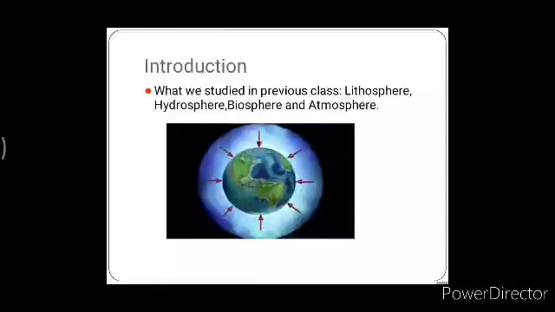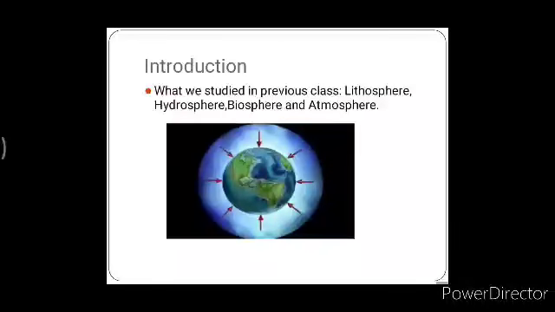Then we studied about the changing earth, where we discussed about endogenic and exogenic forces. Remember these two chapters? In chapter number 2, we basically studied about the layers of the earth, crust, mantle and core. Then in chapter number 3, we discussed about different types of forces and what changes they cause on the earth surface.